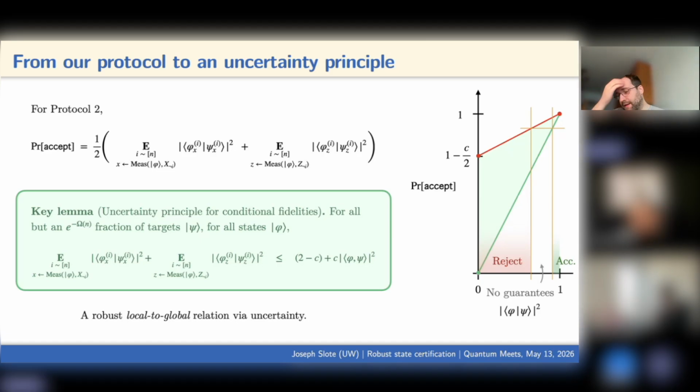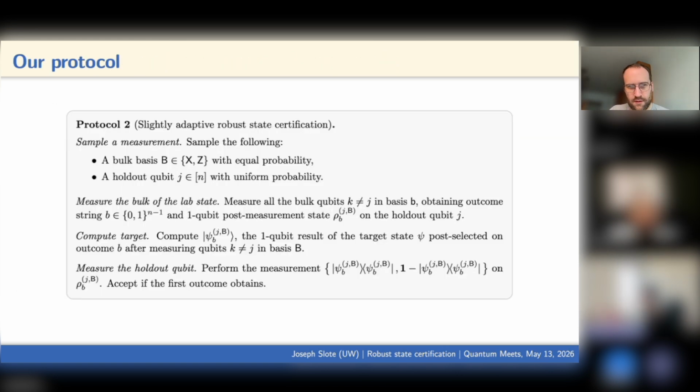Let's see. So the difference is measuring all but 1 qubit in a fixed basis, or measuring all but 1 qubit in one of 2 bases. That's the main difference. Oh, sorry. Can you maybe get one slide back to see again?